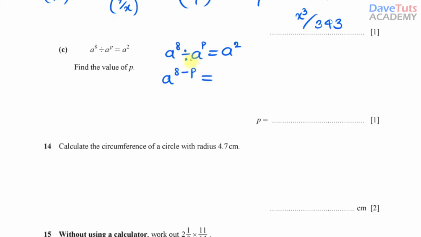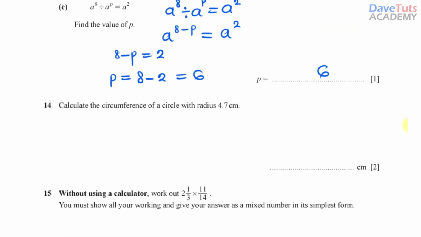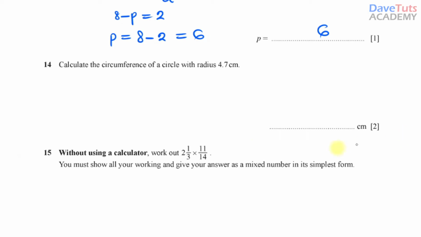Division will translate to subtraction when we have collapsed the base. So we have a raised to the power 2. Since the bases are equal, then the powers must be equal. We have 8 minus p is equal to 2. Or if you arrange, p will be 8 minus 2. And that will be nothing but 6. So here, p is 6 as the answer to this particular question, okay?